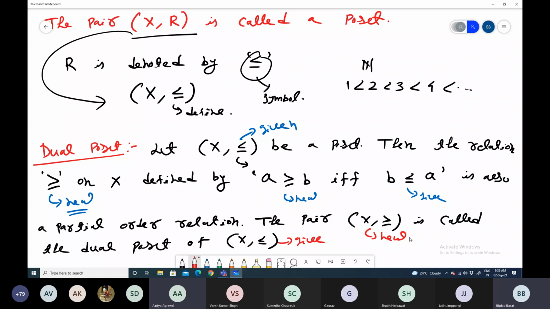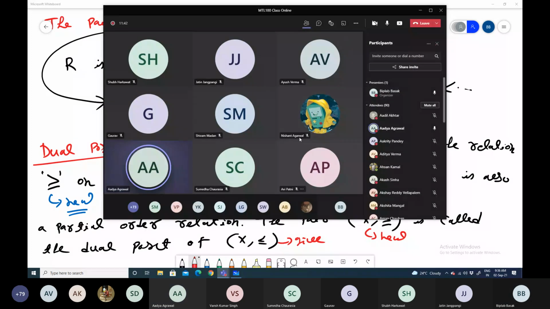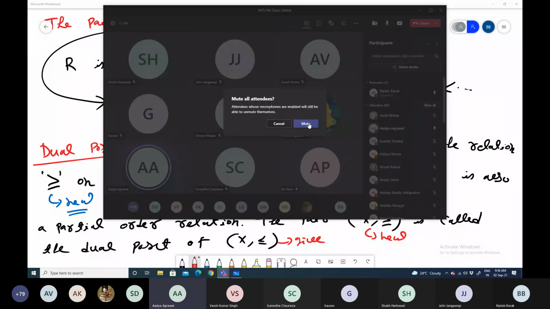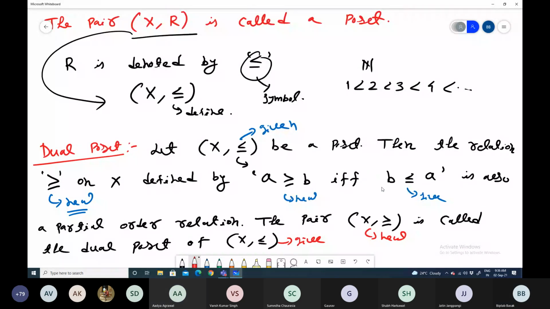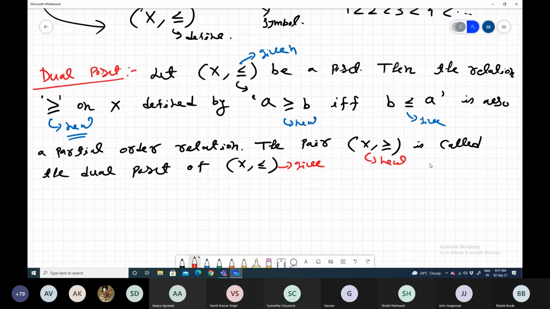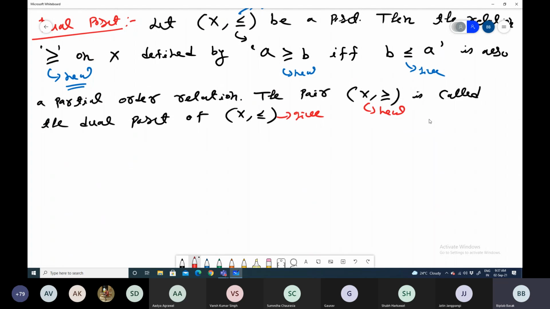This new pair is called the dual poset of the given pair. Okay, fine. So from now onwards, if we have a relation ≤, then we know this relation ≥ as well, right? And this is called the dual of that.